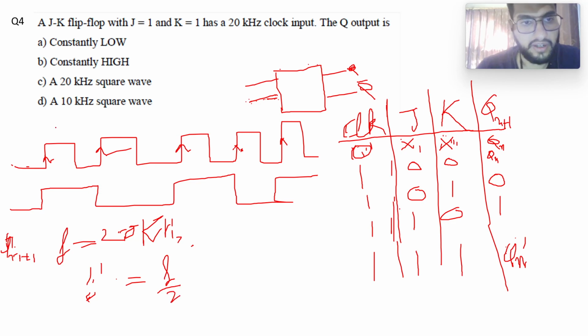You can see here, the time period of the clock is t, and for the output it is 2t, which translates to a frequency of f by 2. So if f was 20, f dash, your output clock frequency, will be 10 kilohertz simply.